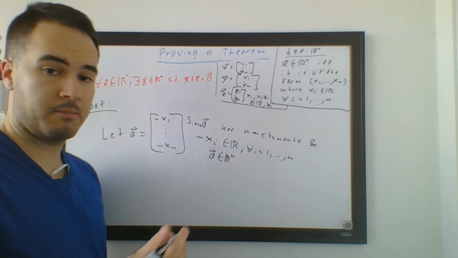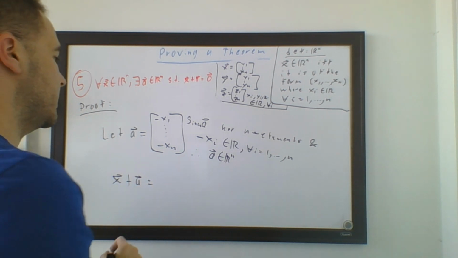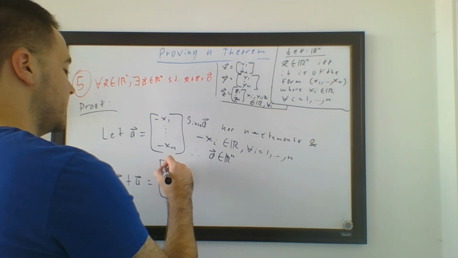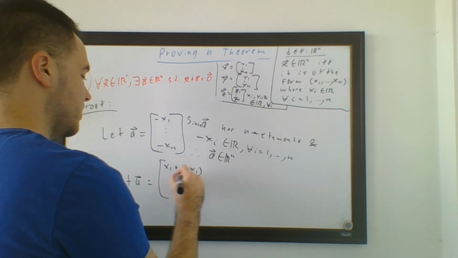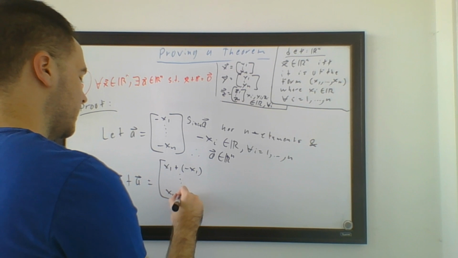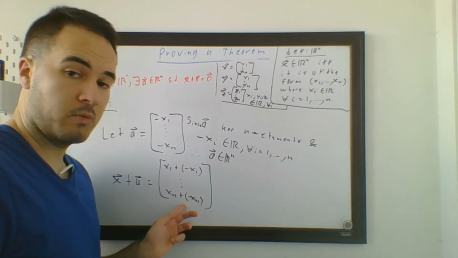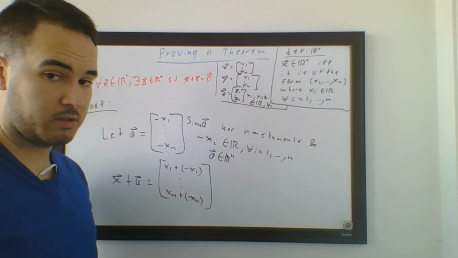Now we need to prove the second part. So let's take our x and our A and add them together and see what we get. So using vector addition, we're going to take x1 plus our value here, negative x1, and xn plus negative xn. Again, we are freely allowed to use when we're adding or subtracting two real numbers together.